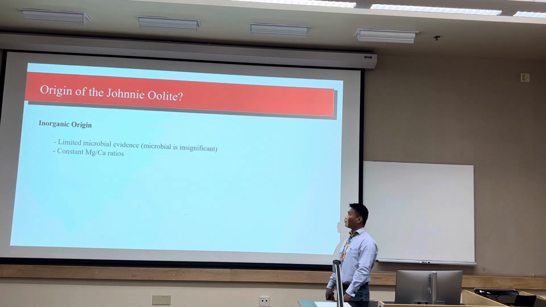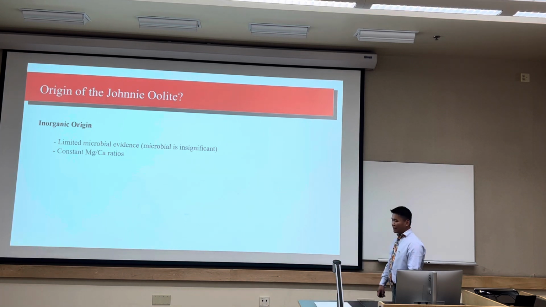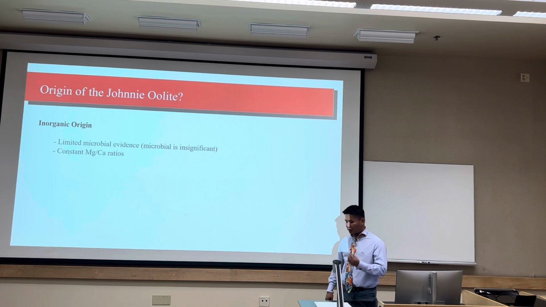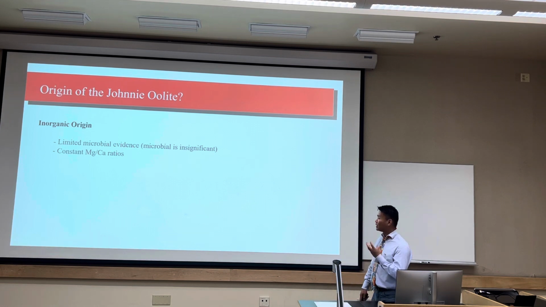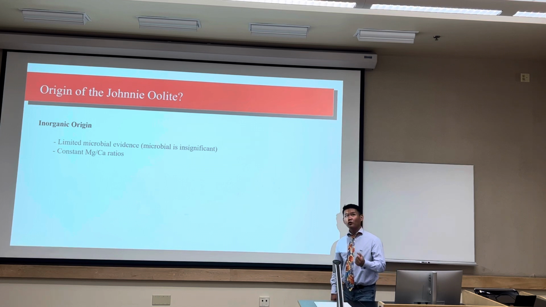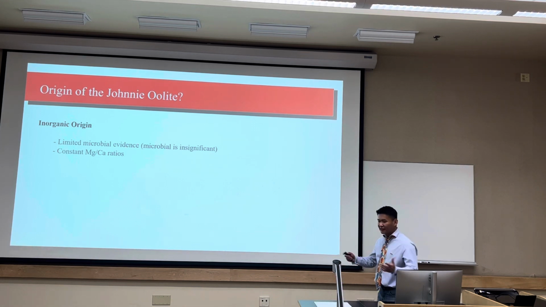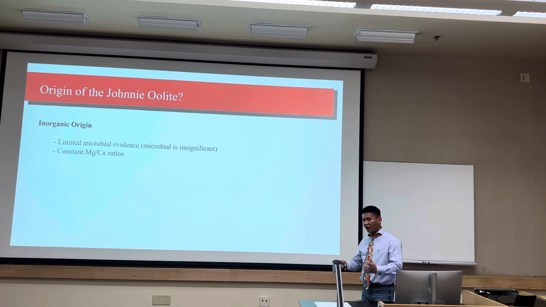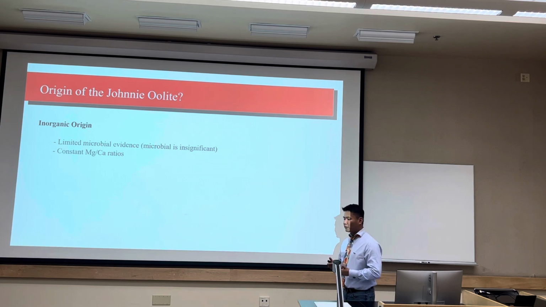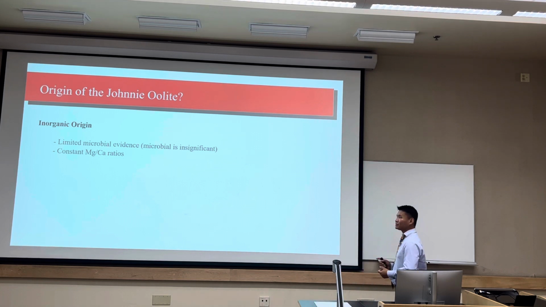So when it comes to the origin of the Joins oolite, if microbial activities controlled its origin, you should see a lot of microbial evidence throughout the whole shell, widespread. But in this case, it's not like that.